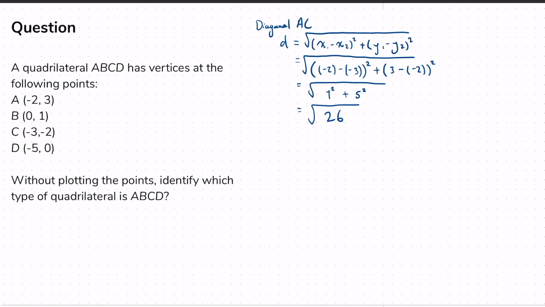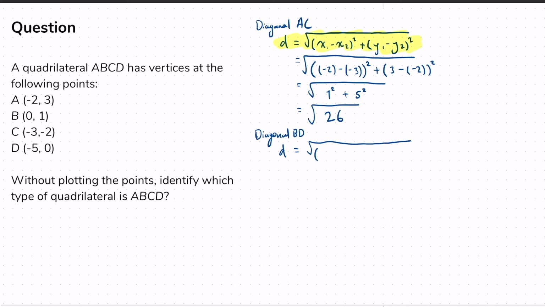Okay, so what about the other diagonal, the diagonal BD? We're going to do the same thing. We don't need to rewrite that general equation, we're always keeping this in mind every single time.